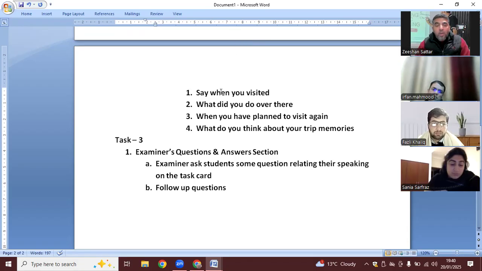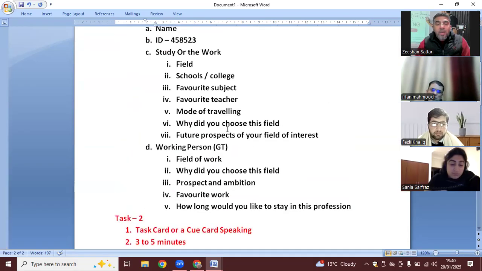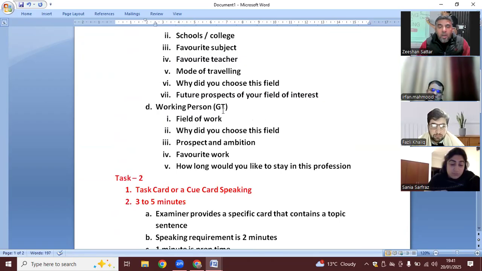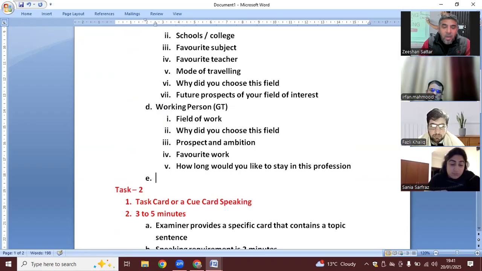task number 1. So if I go back to task number 1, here I want to add a thing. The examiner normally asks about the name and the ID, and whether it is work or study. And then there is another question, known as one general question.